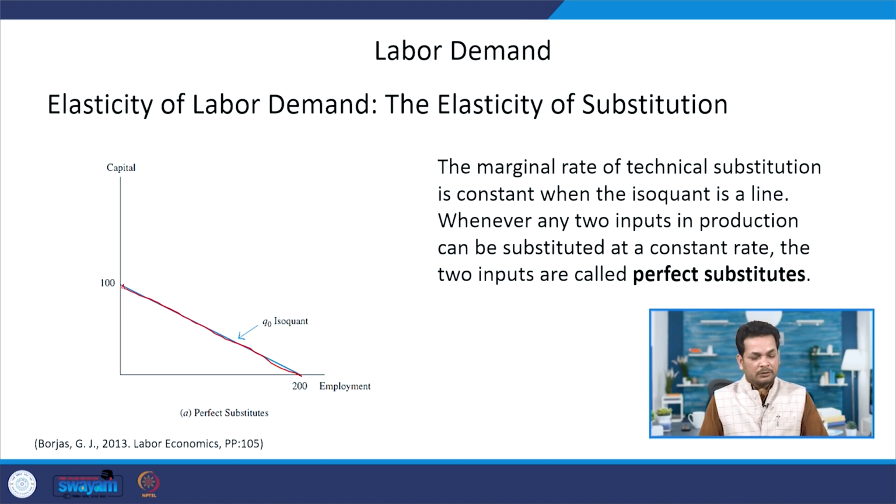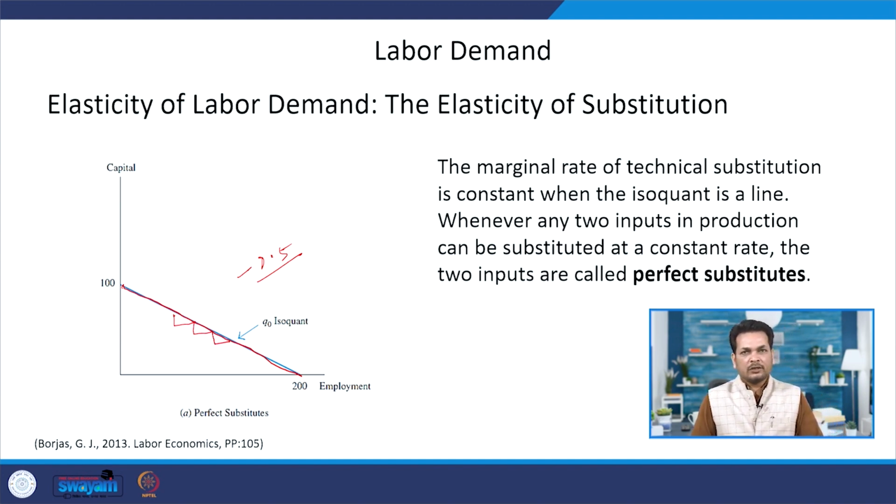Now, to produce Q0 amount of output, the firm can employ any combination of these factor inputs, both labor and capital. If you look at the slope of this isoquant, it is minus 0.5, which is fixed over this isoquant.